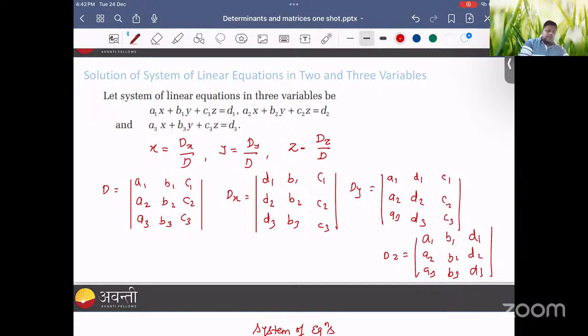There is no case like 2 planes intersecting at 2 points or 3 points. So they will have a unique solution or directly infinite solutions.